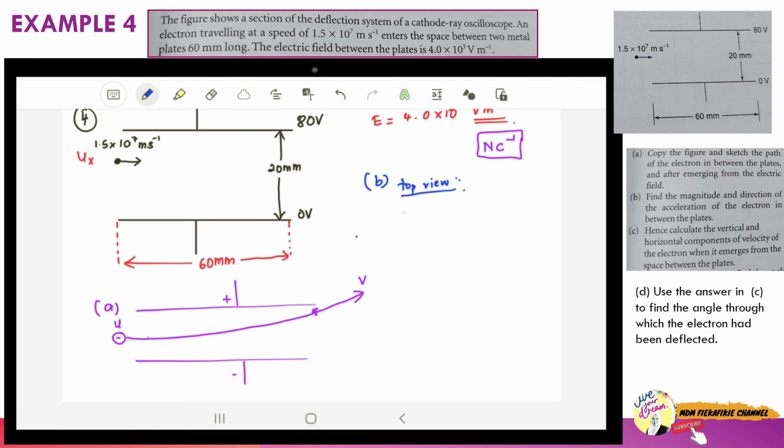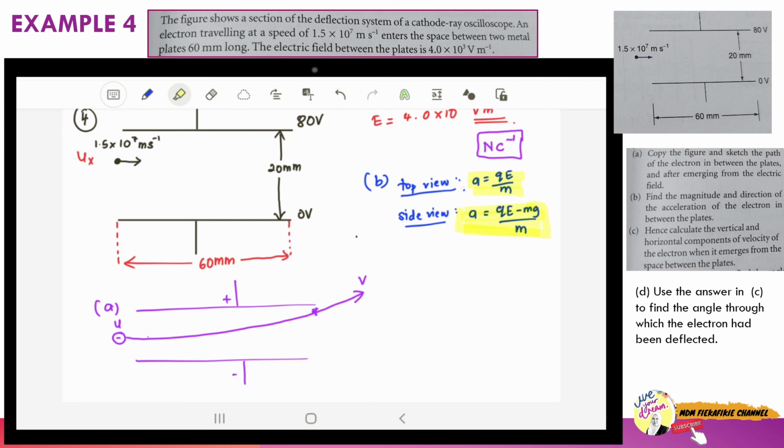Remember, for the side view, acceleration is equal to QE minus mg over m, macam kita buat tadi lah. For the top view, we have a is equal to QE over m. Kalau you kira, you akan dapat nilai a ini sama, macam yang kita dah buktikan tadi.